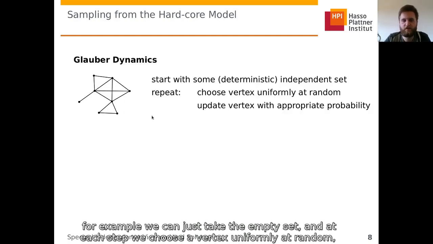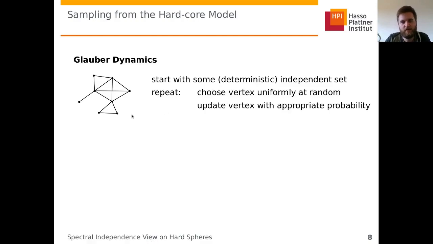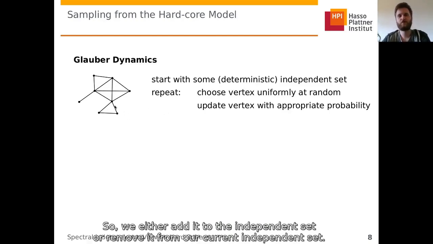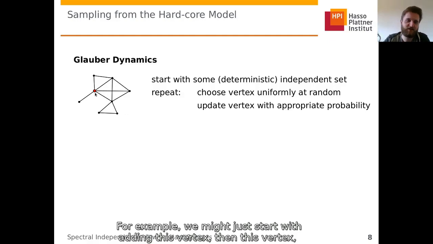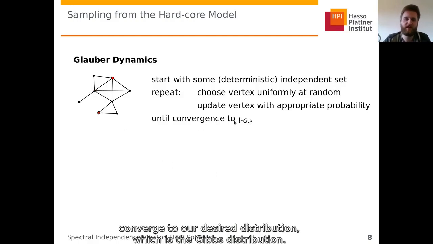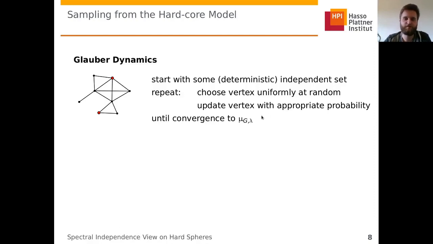At each step, we choose a vertex uniformly at random, and we update it with an appropriate probability distribution. So we either add it to the independent set or remove it from our current independent set. For example, we might start with adding this vertex, then this vertex, and removing this, and adding this one, and we just continue until we converge to our desired distribution, which is the Gibbs distribution.